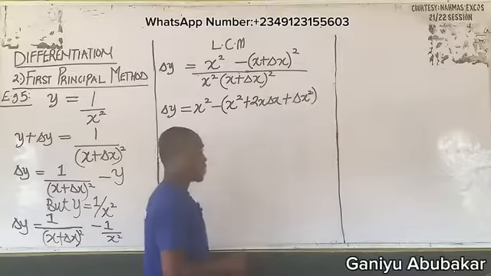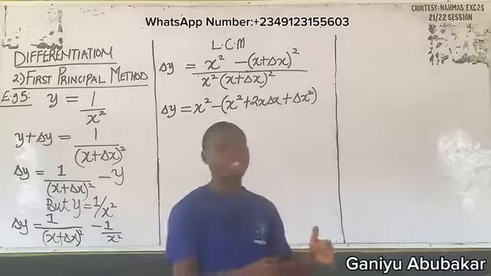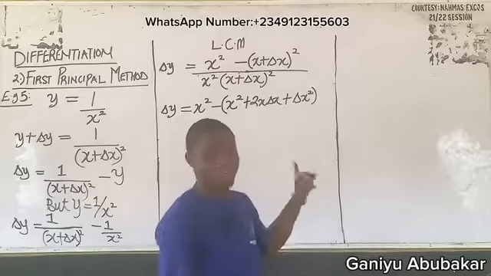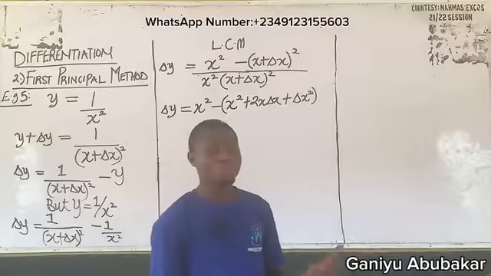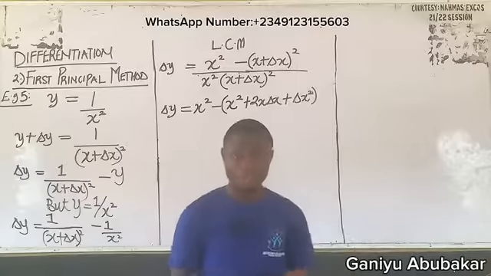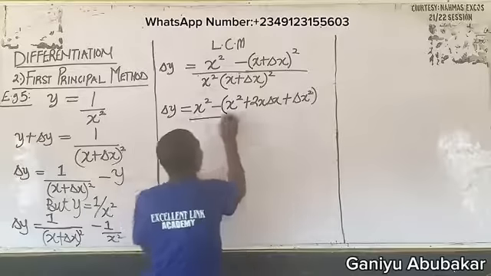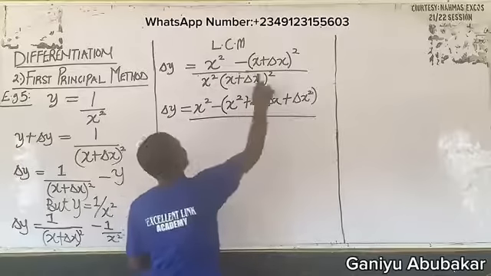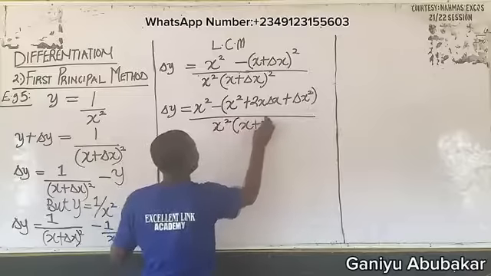I will not take my time to expand this for you now. I have done that in about three videos, so if you have been following us from our initial classes, you should know how to expand this at this point. All over, the denominator comes down, that's x squared into x plus change in x.